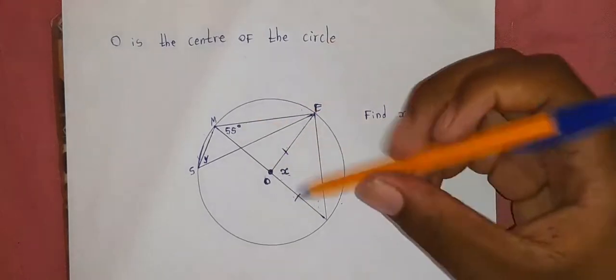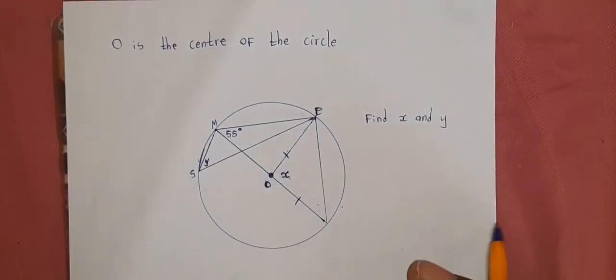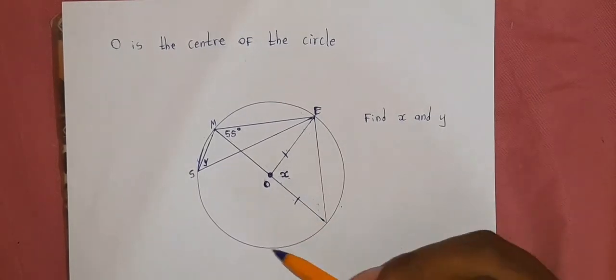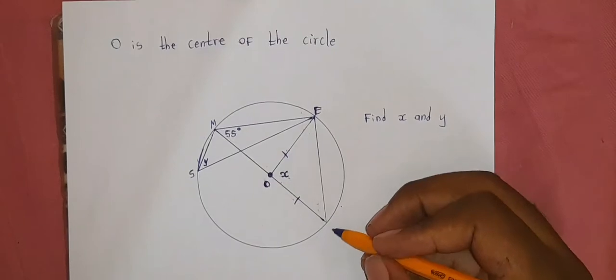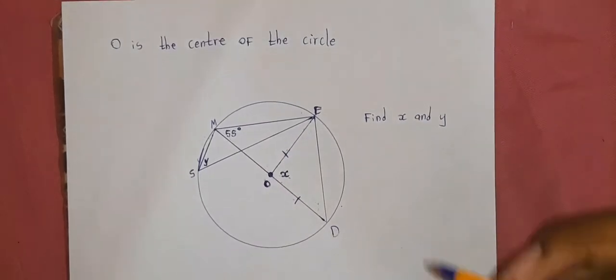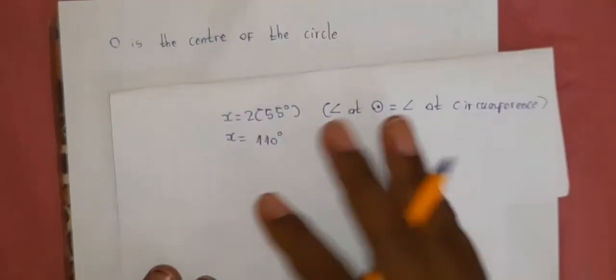We know that this angle here, I think I forgot to label. Let me say this is D, and let me write it here.